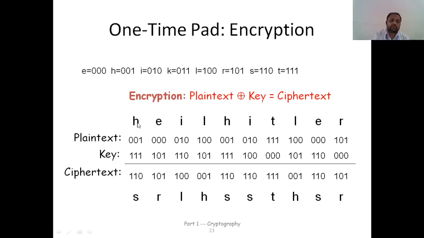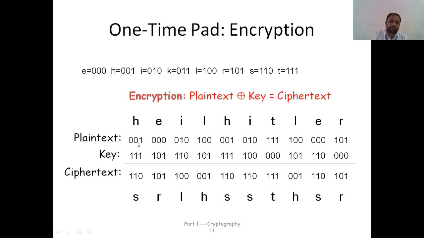One more thing: for each letter, as I said earlier, the respective key is used. This key is nothing but a symmetric key, given both to the sender as well as the receiver. Based on the number of letters in the plain text, the number of keys will be given.